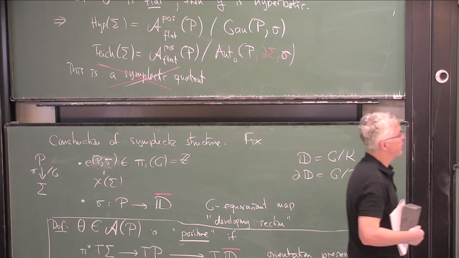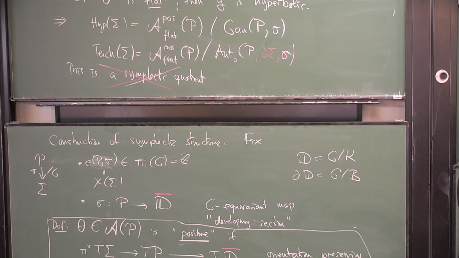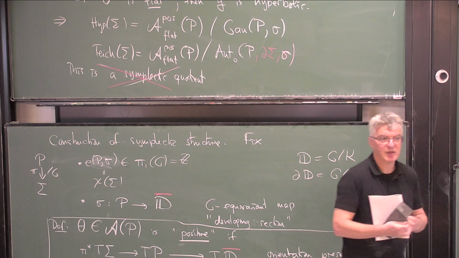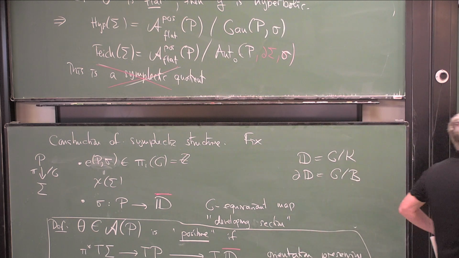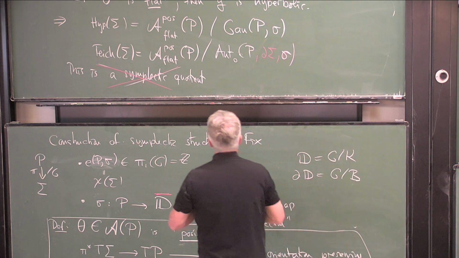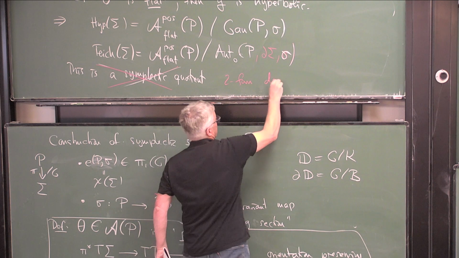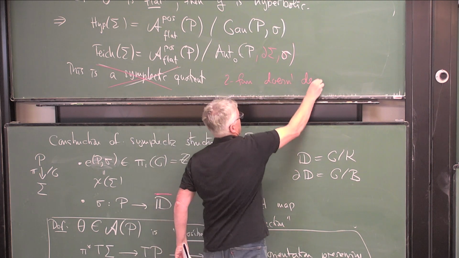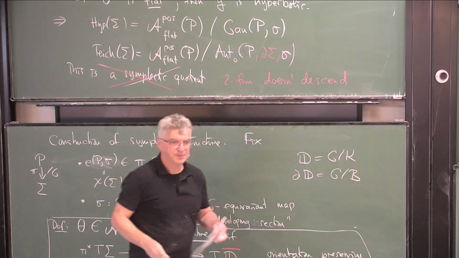So that part is so far so good, but this is just not true. Here we have to do some work. Again, it's not true because the two form does not descend, at least not on the nose.